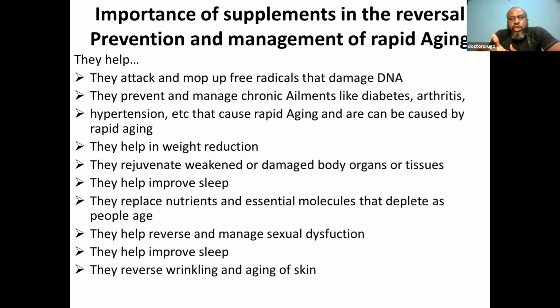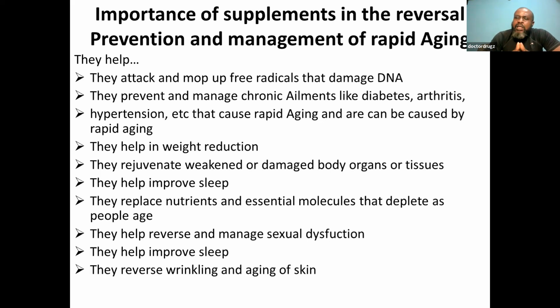They help in weight reduction. They rejuvenate weakened or damaged body organs or tissues that are getting damaged as a result of damaged DNA producing faulty proteins and affecting the structural integrity of organs. They help to rejuvenate that. They help to improve sleep, because it's also found that people that sleep less age faster. They replace nutrients and essential molecules that deplete as people age.